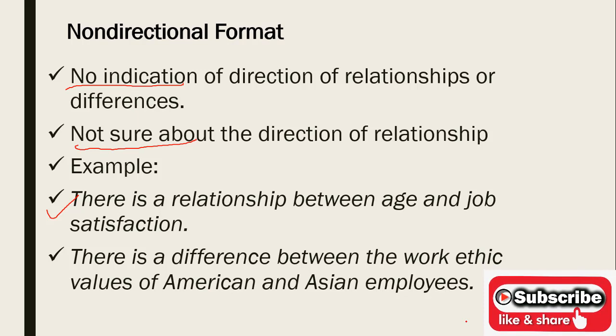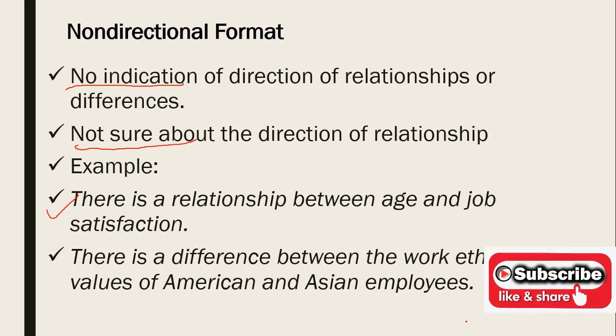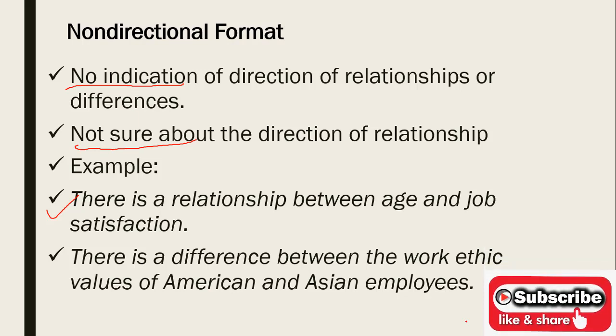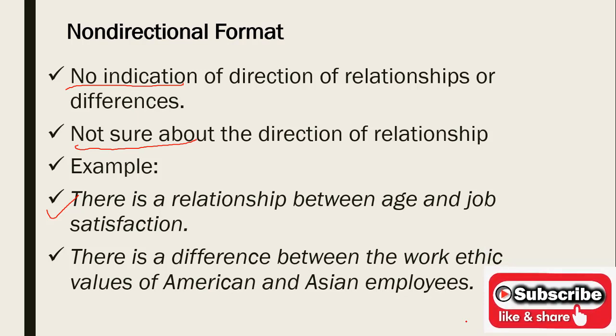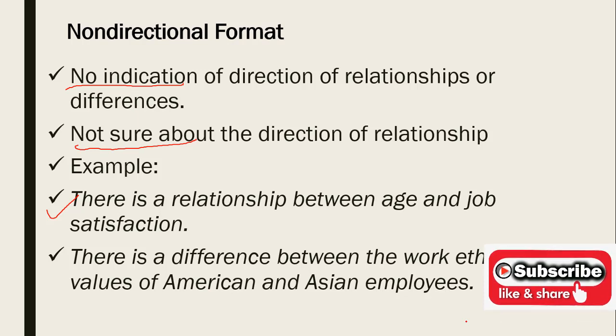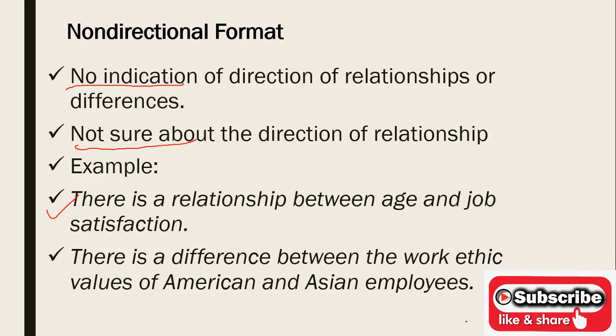Otherwise, the researcher can develop a non-directional format if the studies show a contradicting relationship and the researcher is not able to generalize what would be the direction of relationship between the variables. In that case, non-directional format of hypothesis is appropriate.